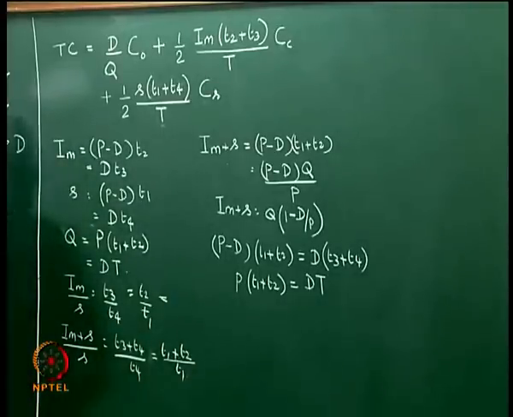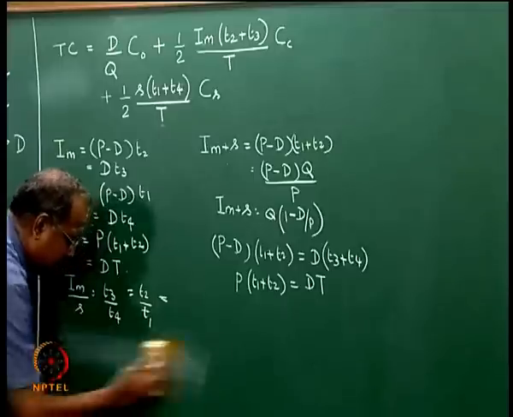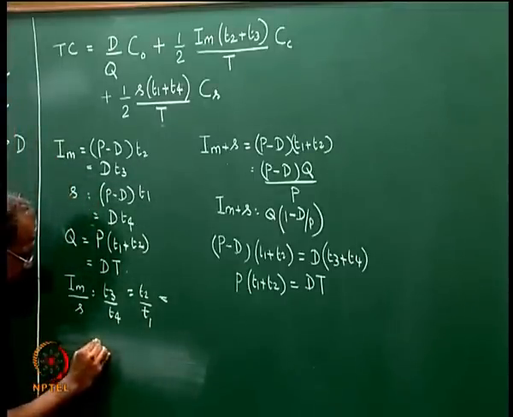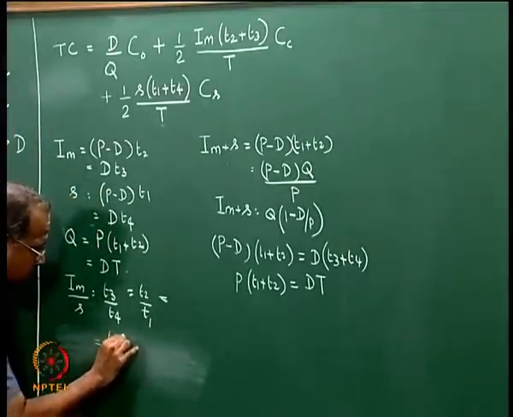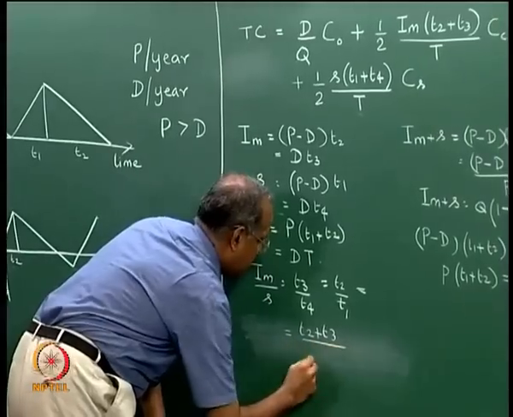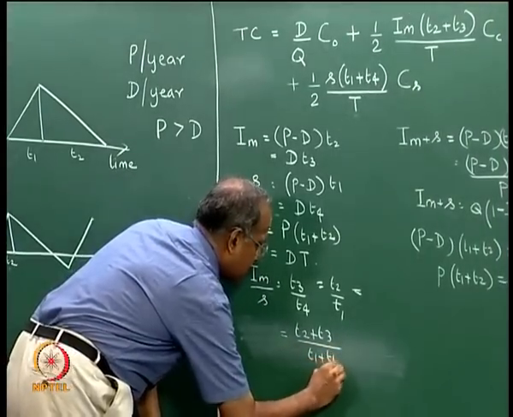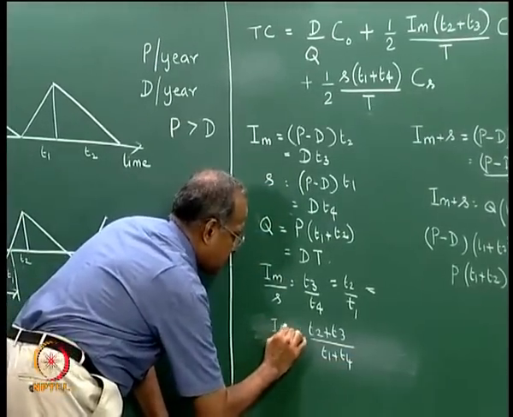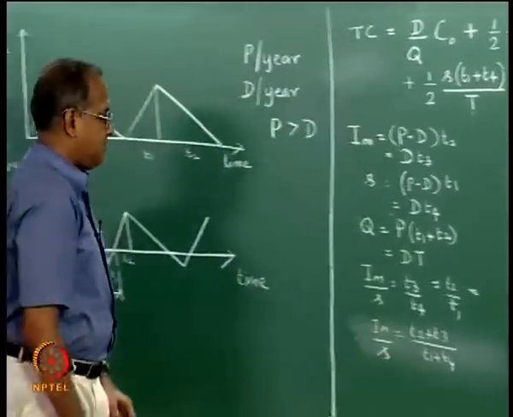We can actually write another thing, let us not do this, let us do here. So, this is equal to T2 plus T3 by T1 plus T4 is equal to Im plus S.